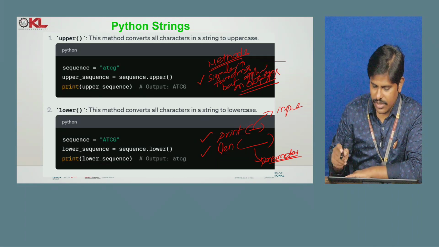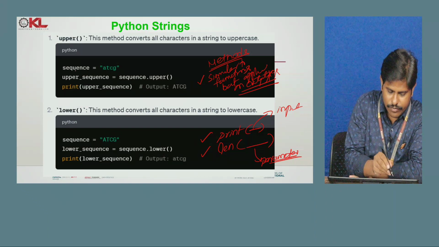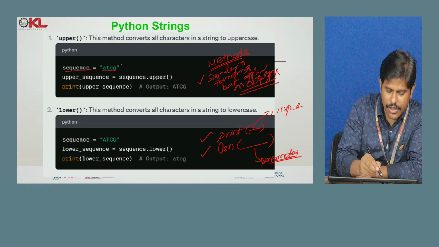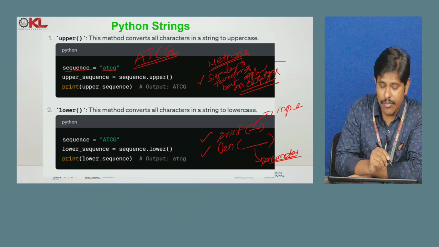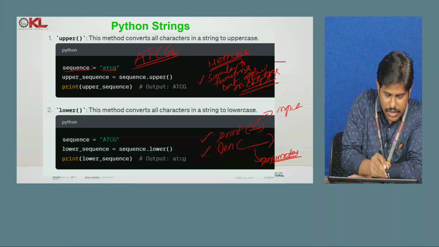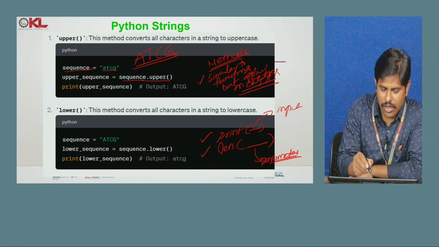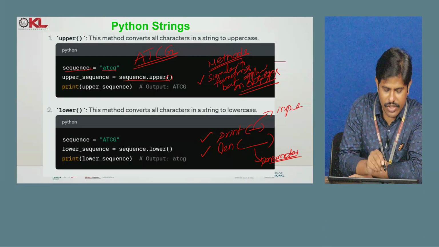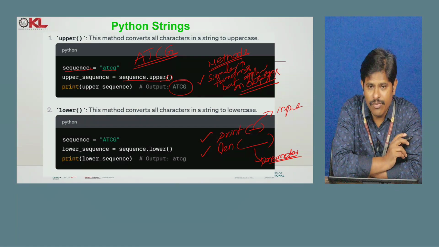Now you see the condition of methods here. I have a sequence atcg, and my task is to convert this into uppercase, ATCG. To do that, I'll use something called a method. So sequence dot upper. When I call sequence.upper() and assign it to upper sequence and print upper sequence, ATCG will be printed on the screen here.